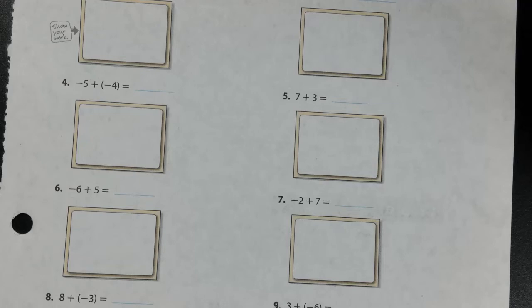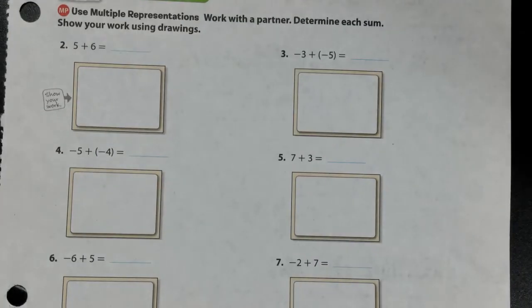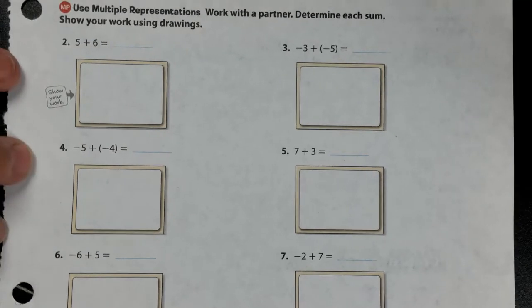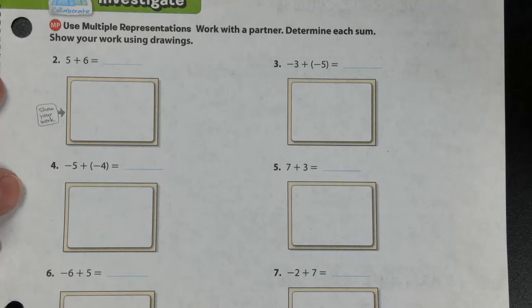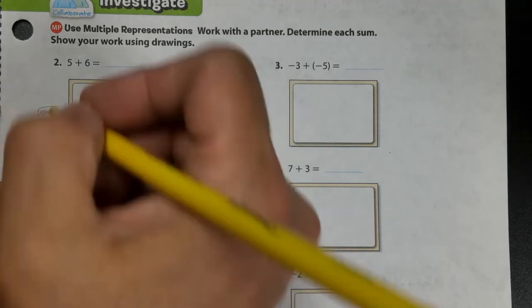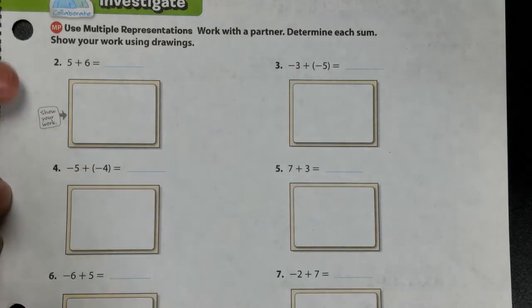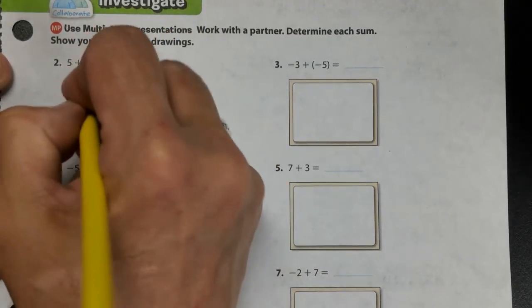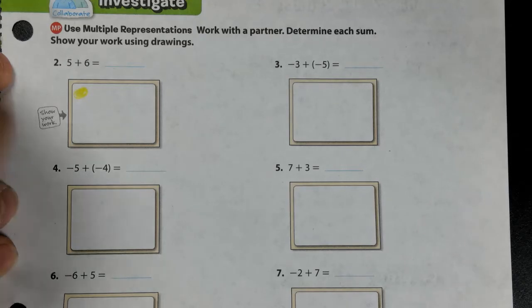You can do your pluses and your negatives. But let me tell you something, people. If you do not show me what this model looks like, you're not going to get credit for it. Okay, does everybody hear me on that? Because the last time we had a thing like this with models, people just got the answers and they didn't get credit for the homework. So be sure. Can you see those yellows? I don't know if you can see that.